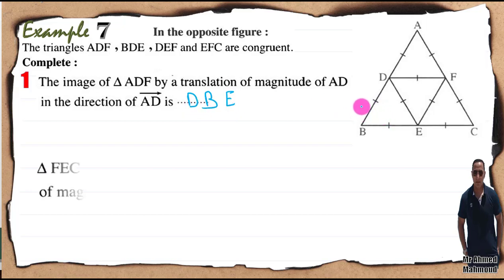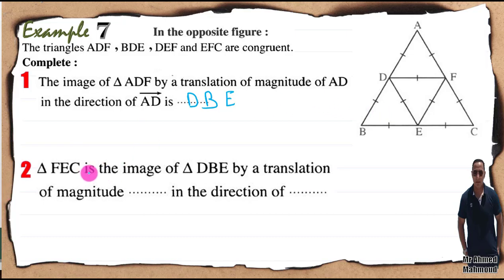Okay, another one. Here, this triangle FEC is the image of triangle DBE. This is the image, and this is the original. By translation of magnitude, I have many solutions.